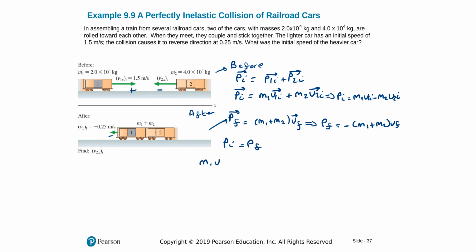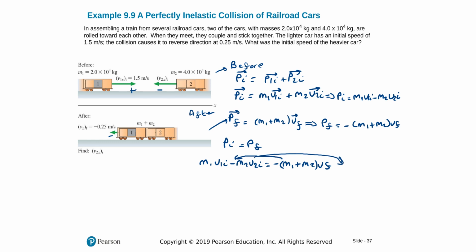M1 V1 initial minus M2 V2 initial equals minus M1 plus M2 V final. Rearranging, I would just take this to the other side as positive, and this to this side as positive.